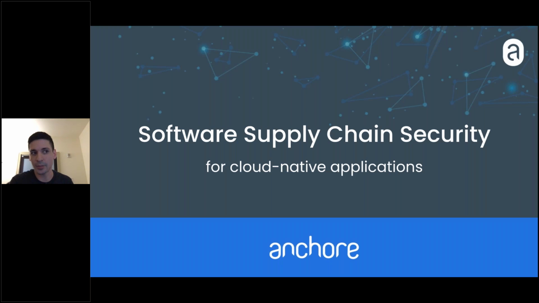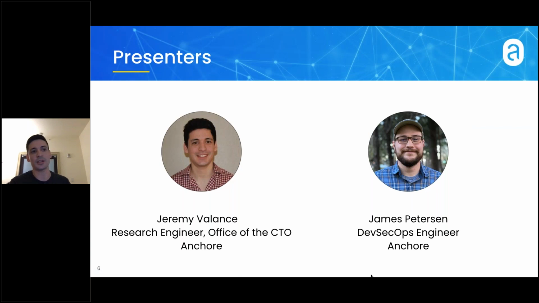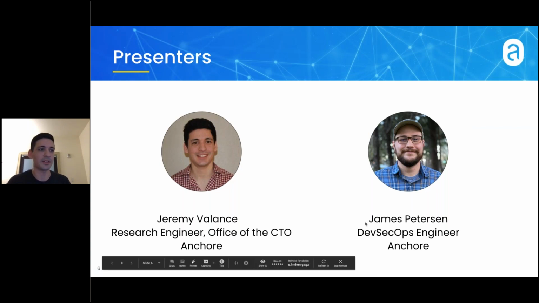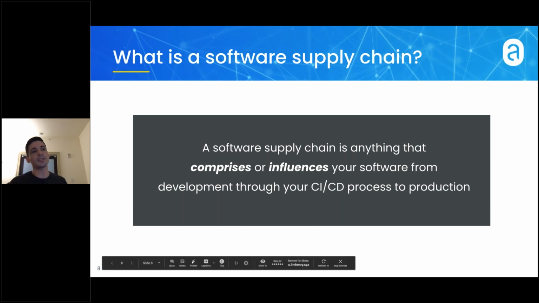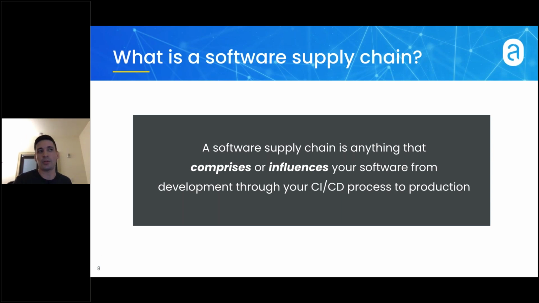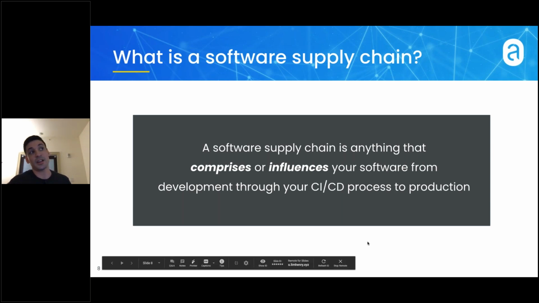It also includes license information, build metadata, but also things outside of that application stack, so anything that you might be using for infrastructure as code or configuration as code, including who wrote it, who contributed to it, what's the management process for vulnerabilities, anything along those lines. Basically, everything you could want to know about your software and how it was created is exactly what a software supply chain is.